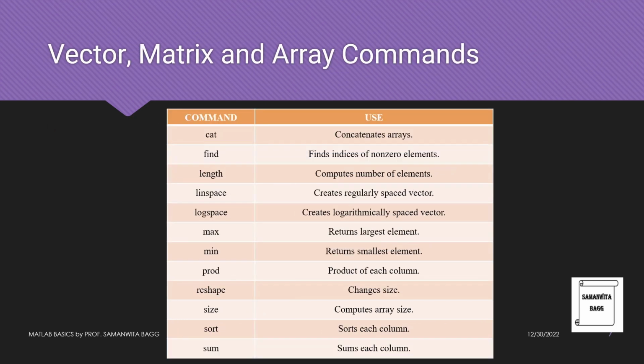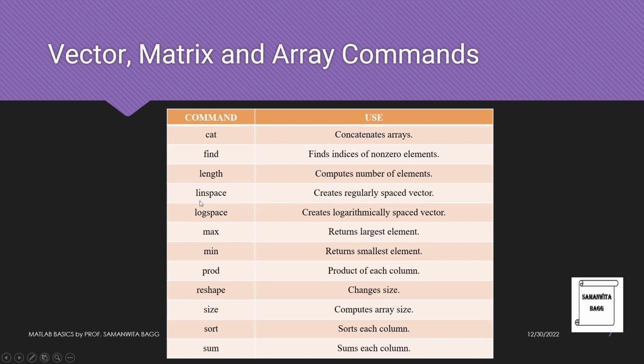Next we'll talk about vector, matrix and array commands. The first command is cat. This is concatenate arrays, used for joining two arrays. Next is find. It finds indices of non-zero elements. Length computes the number of elements that are present.